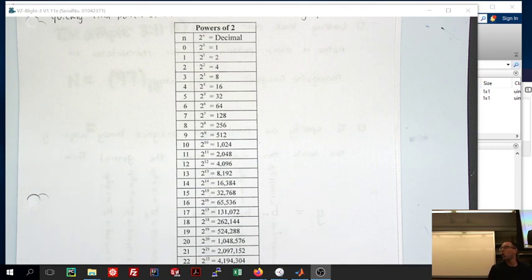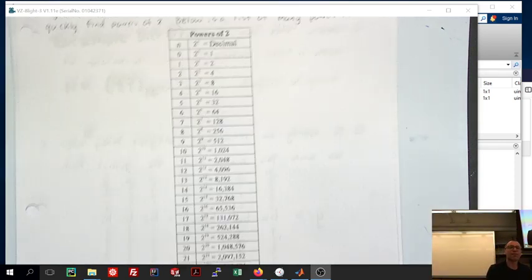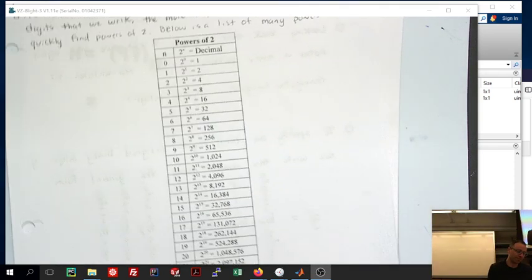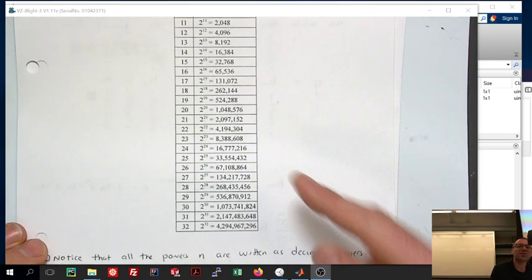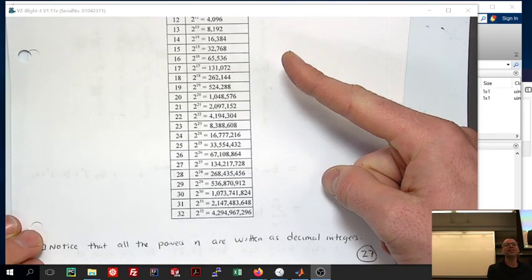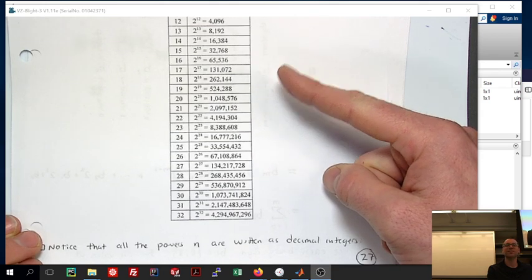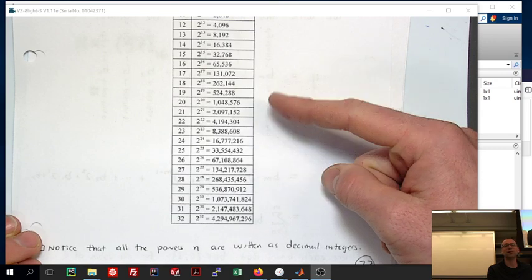If you work in this long enough, it's better to have stuff in your brain than to have to get up out of your chair, go over to where your notes are, take your notes out, flip to the page, right? The other thing that I have never really seen, and I did this in this table, was large powers of 2. I had a dream when I was a younger man that I would have every one of these memorized off the top of my head. And then I had to do stuff with my life.